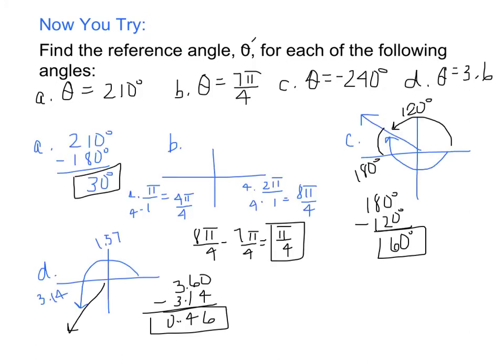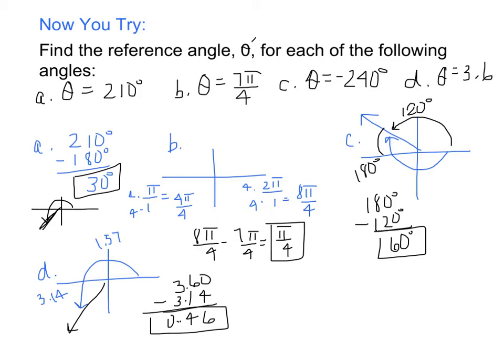Okay, for A, I know that 210 is closest to 180. So let me draw it for you. So the distance between its terminal side and the x-axis is 30 degrees. Then we have 7 pi over 4. Well, 7 pi over 4 is closer to 2 pi, which is 8 pi over 4.